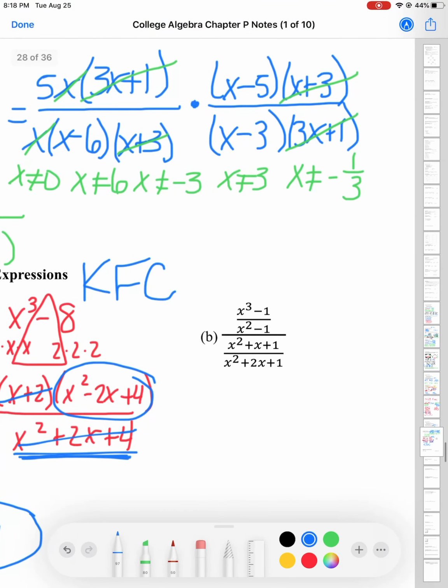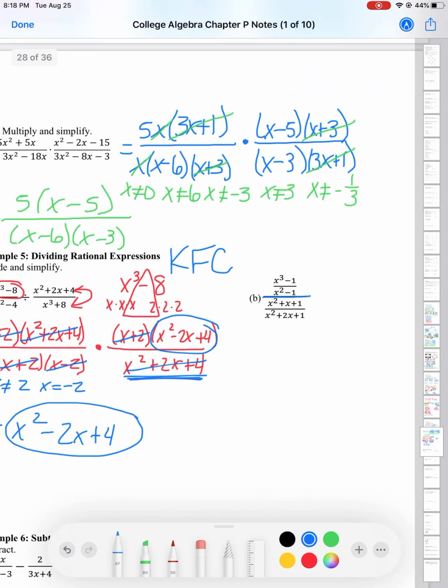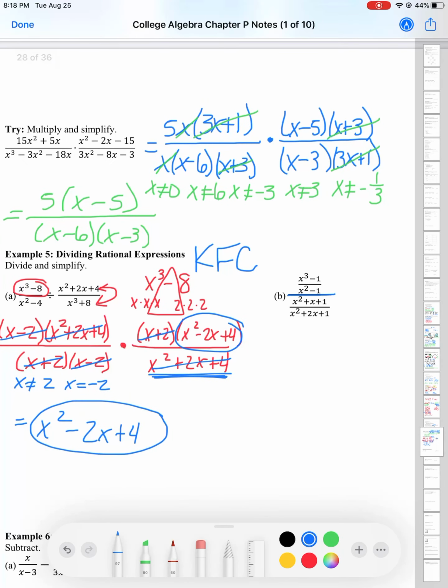For part B, another way that you can express a division sign is by a fraction bar. So part B just looks a little different from part A, but it's almost the same. It's just x cubed minus 1 over x squared minus 1 divided by x squared plus x plus 1 over x squared plus 2x plus 1.